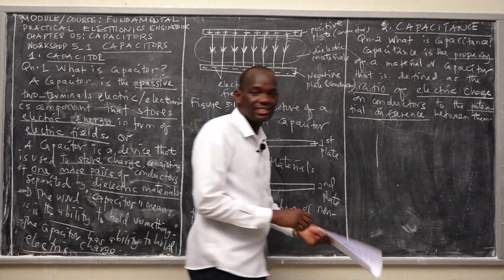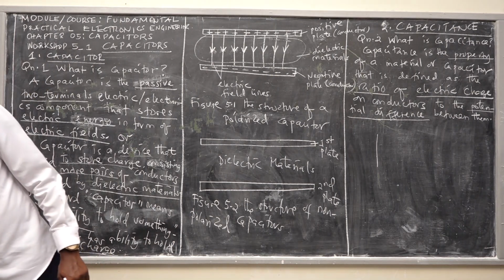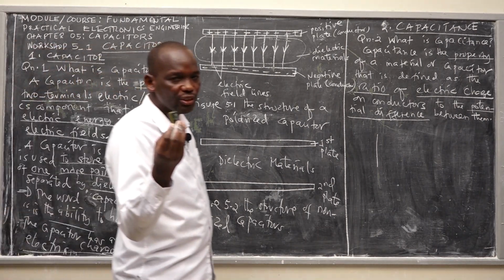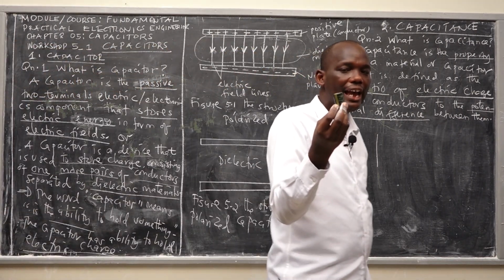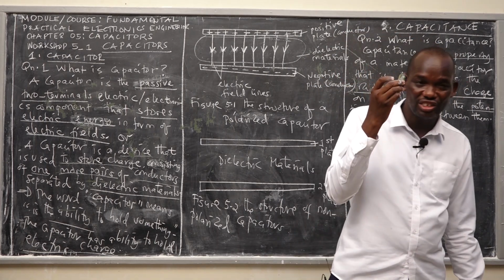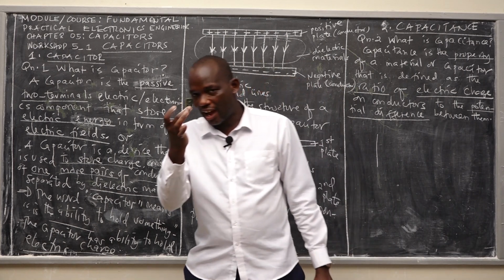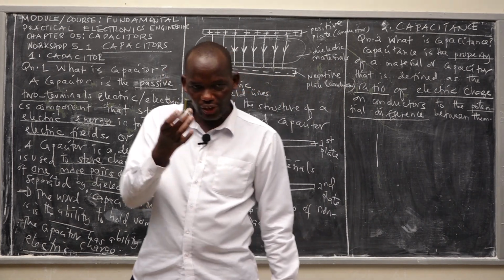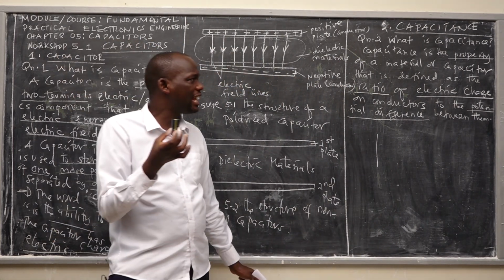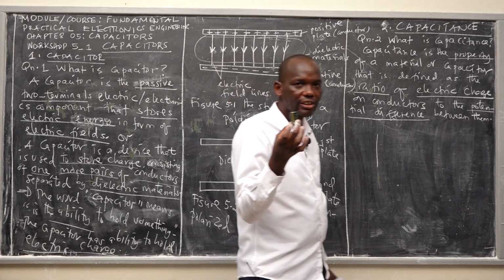So for instance, take this capacitor. If it is not charged, if it has been completely discharged, then within it we have two conductors, and also the dielectric material, right?